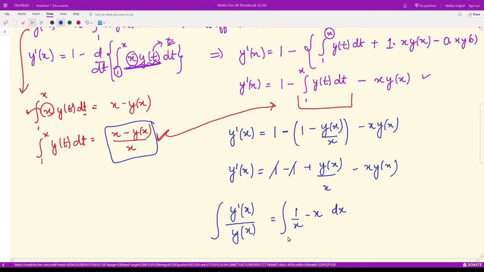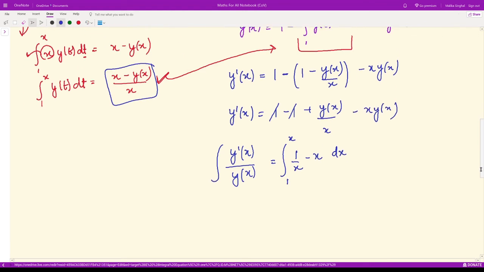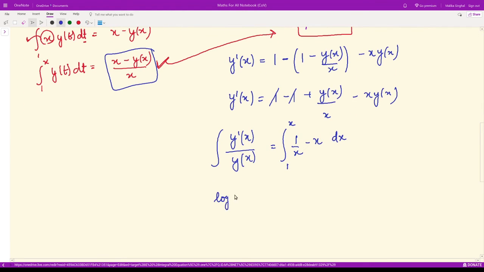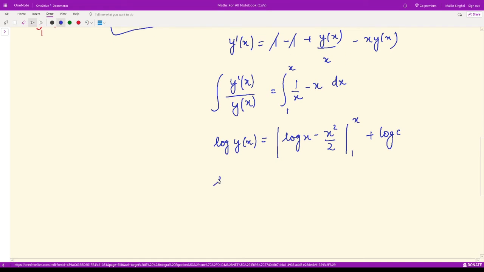So here the limits are from 1 to x, the same as that given in the question. So it would be log of y of x, that would be equal to log of x, and the integration of x would be x square by 2, and the limits of integration are from 1 to x, right, plus some constant c. We'll take this in log, right? So it would be log of y of x, that would be equal to, here let's put the limits.